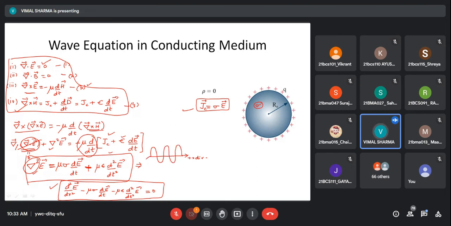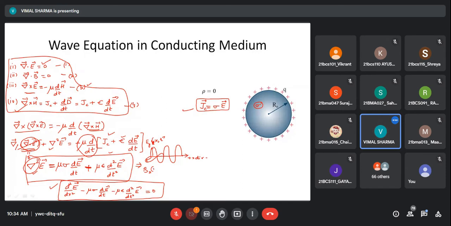It is a polarized electromagnetic wave having E field along y direction. This is the E field, Ey, which is a function of x and t, and I have B along z direction. So Bz, we can write the Bz component of the electromagnetic wave. It is polarized in this plane, the YZ plane.